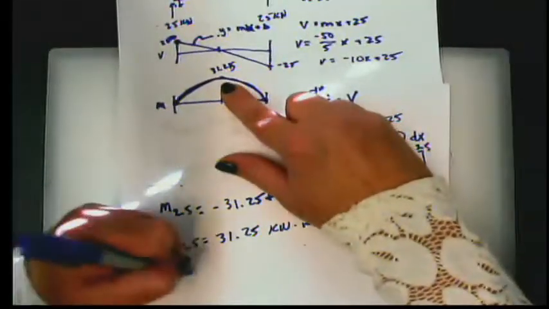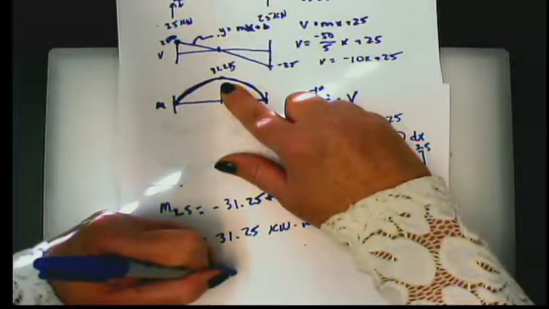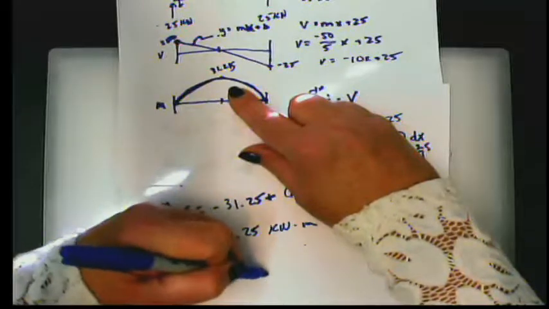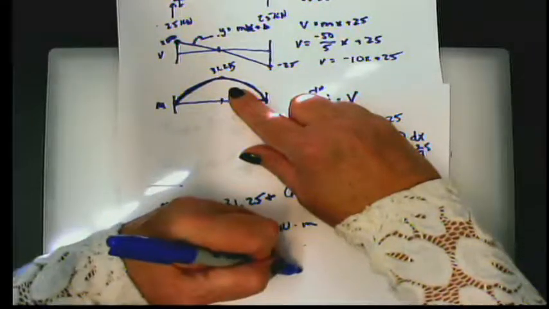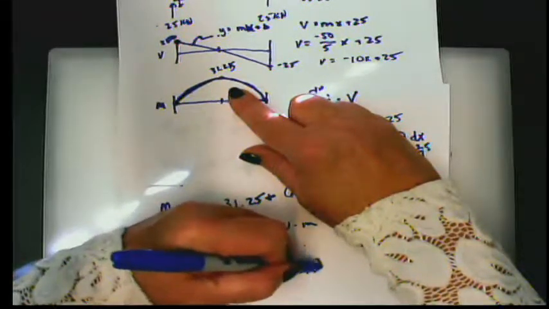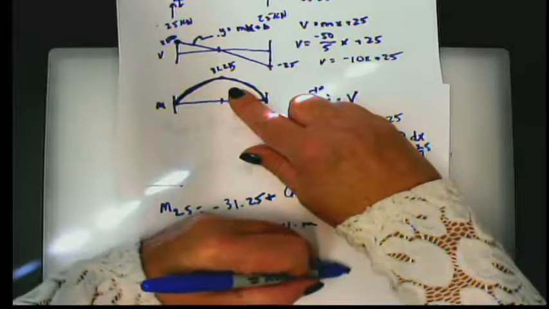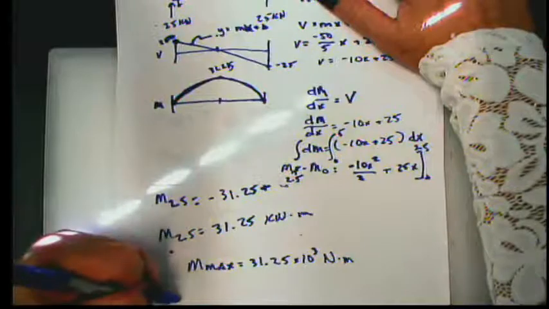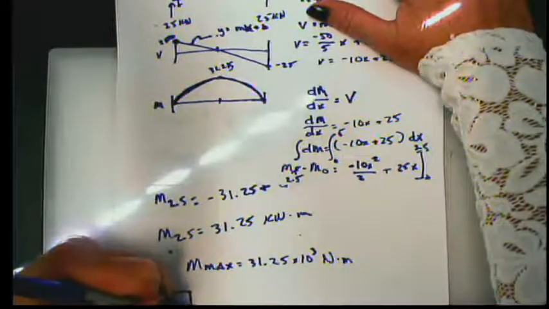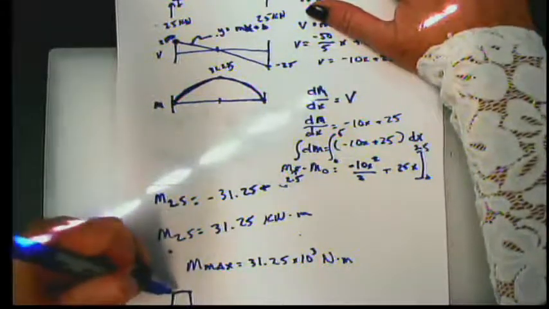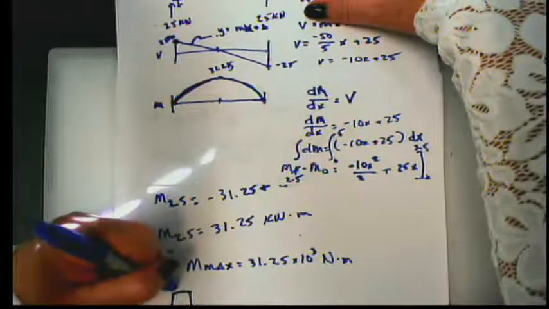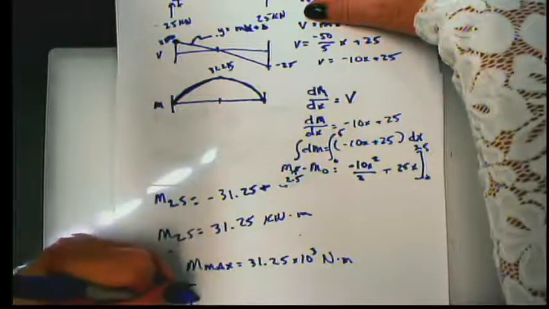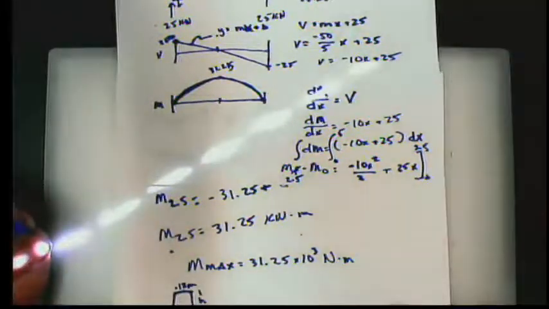I know my maximum moment is 31.25 times 10 to the third, because it's kilonewton, newton meters. And once again, if I look at my cross section, this is 120 millimeters, which is 0.12 meters, and my height is the unknown quantity.